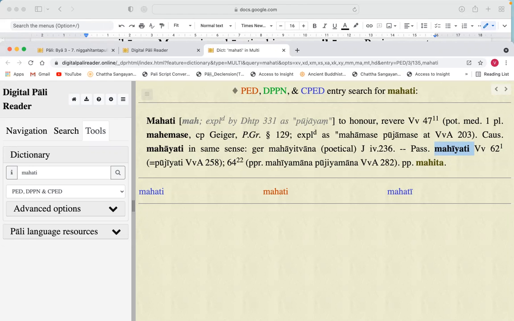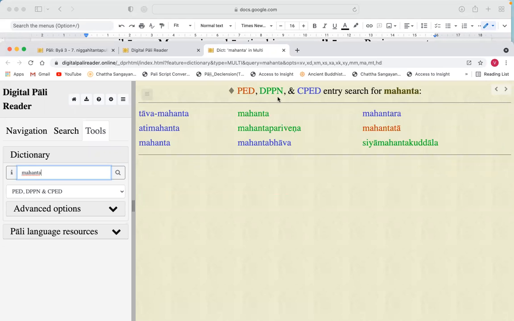So great. But in the verb sense, mahati means to honor or to revere. But the word mahanto as the present participle has to have the meaning of honoring, right? The literal sense of honoring, right?